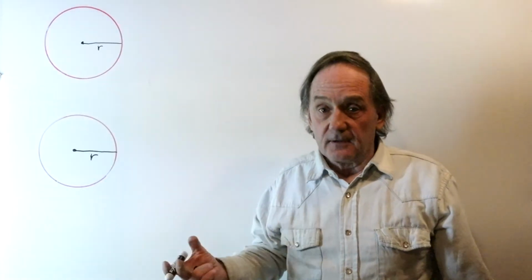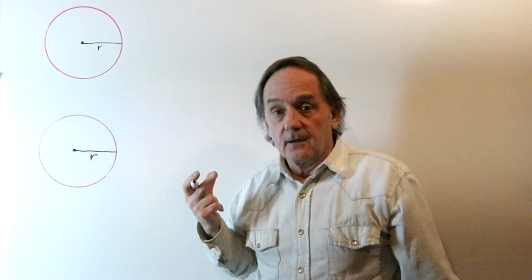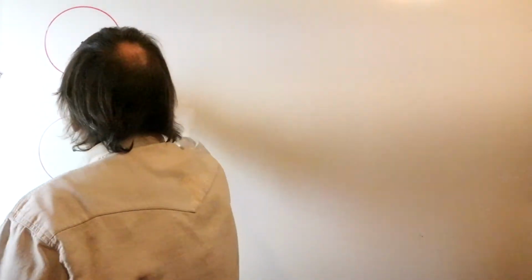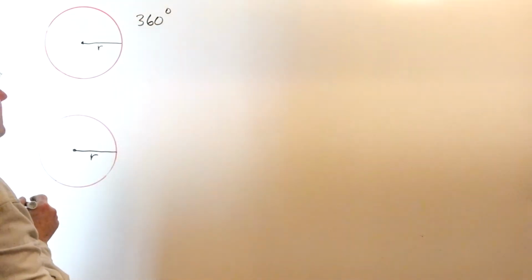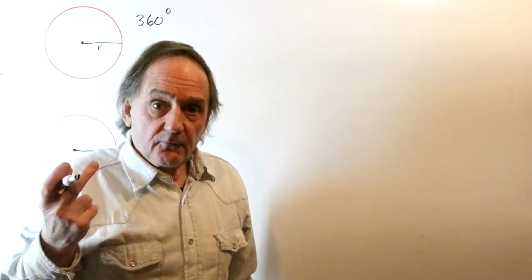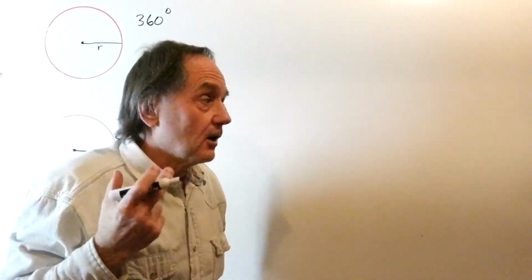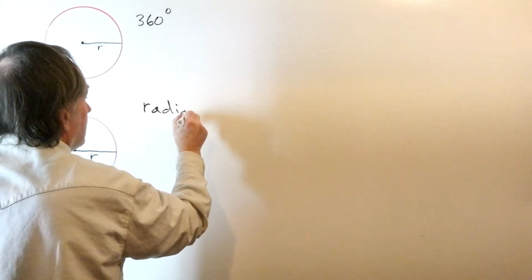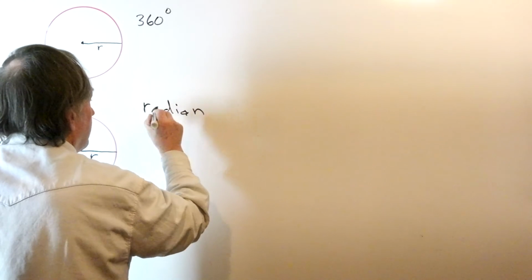Now, we just said that the angular measure going around the circle in one complete revolution is 360 degrees. Now, there is another unit of measure for angular measure, and it's called the radian, which is very important.